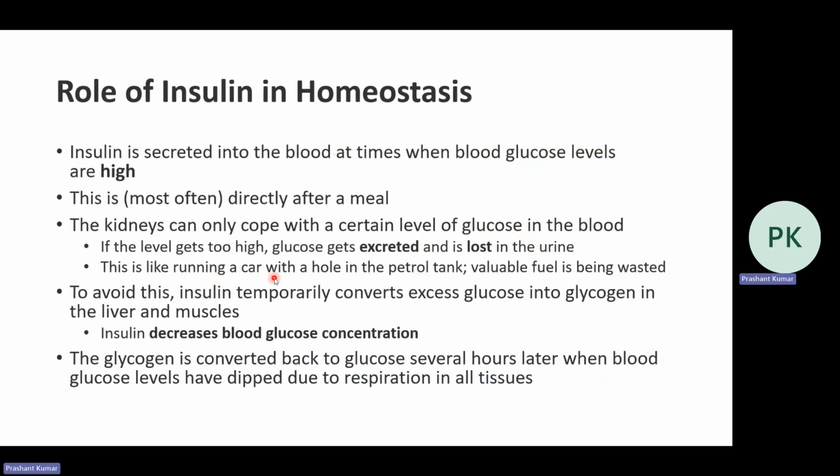So this is like running a car with a hole in the petrol tank. Valuable fuel is being wasted, right? To avoid this, insulin temporarily converts excess glucose into glycogen in the liver and muscles both. So insulin decreases the blood sugar concentration, and the glycogen is converted back to glucose several hours later when blood sugar dips due to respiration in all tissues.